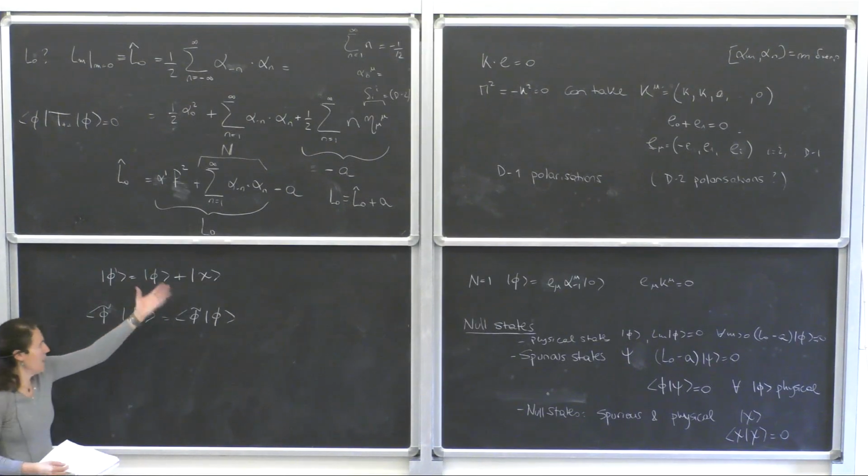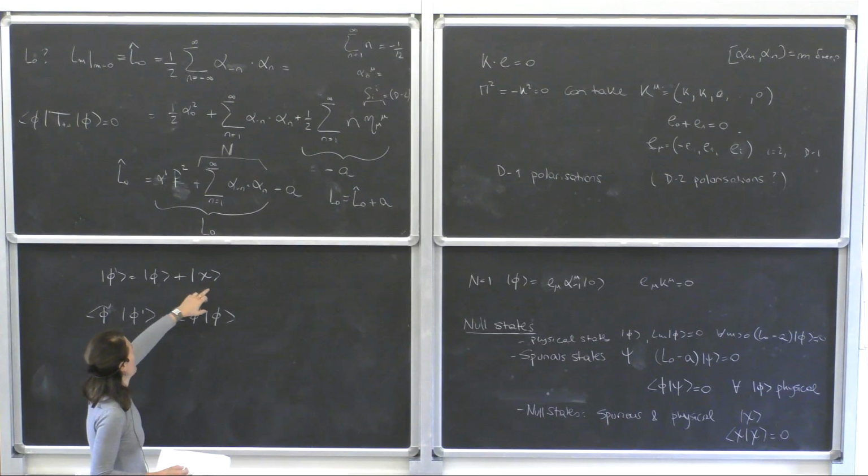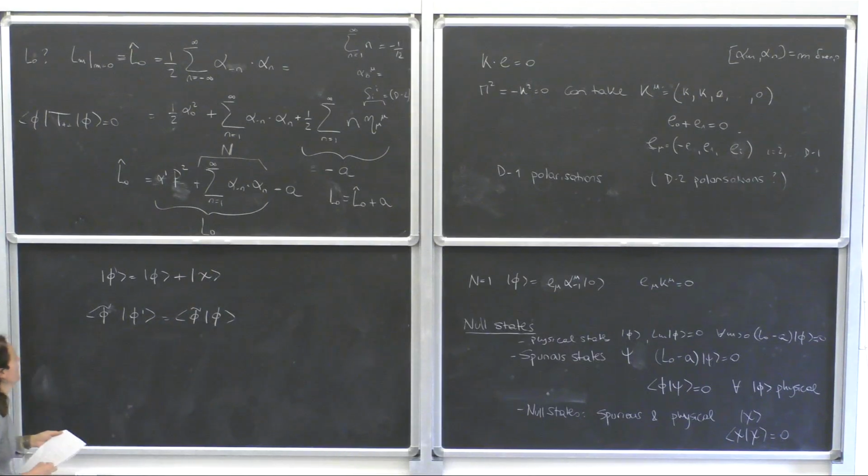It's physical, I'm allowed to put it, but I'm not going to see it in any process. So this is some sort of redundancy of the spectrum at a given level.